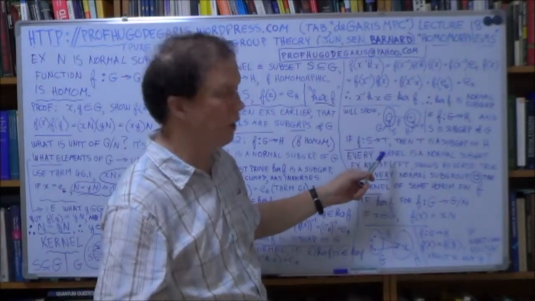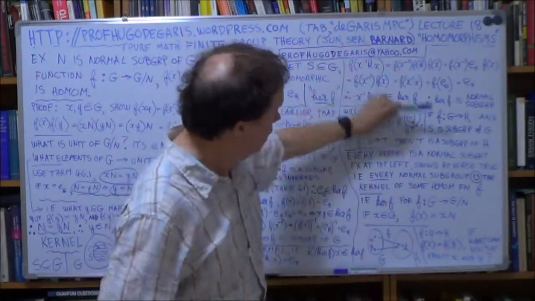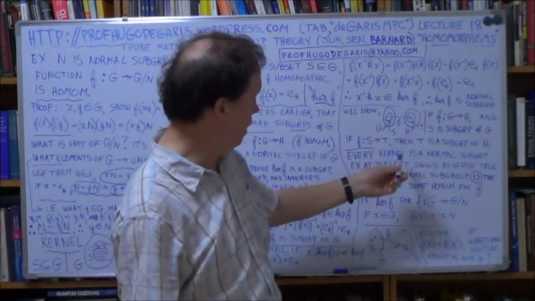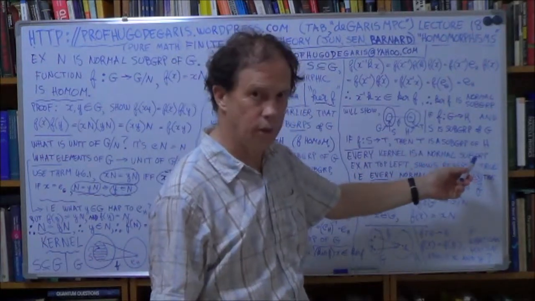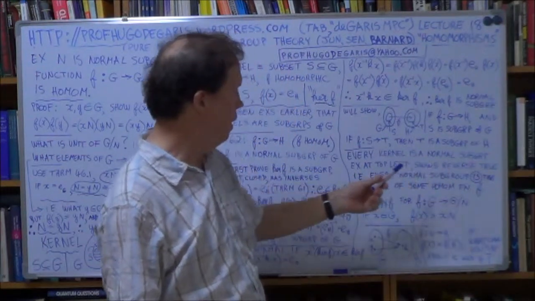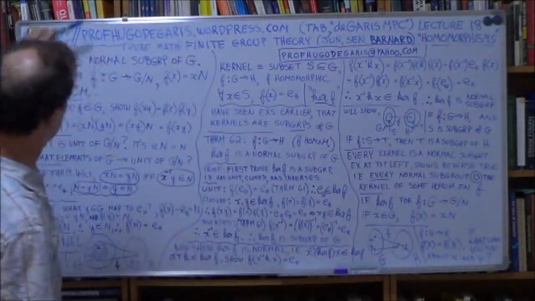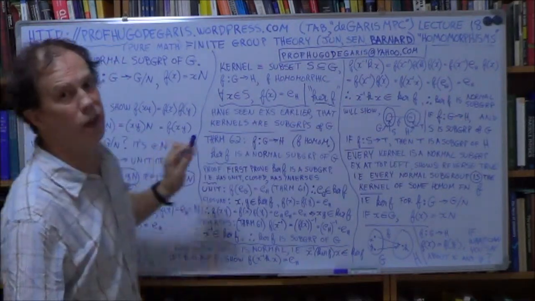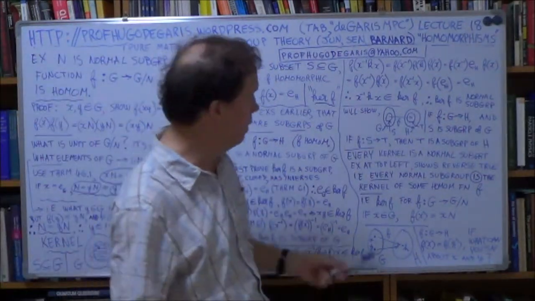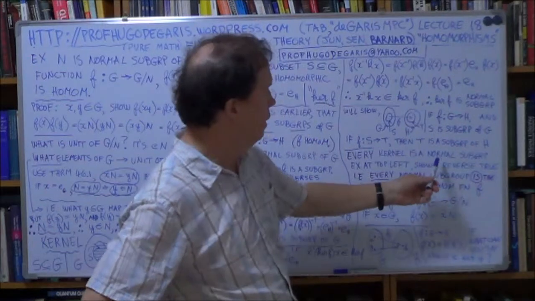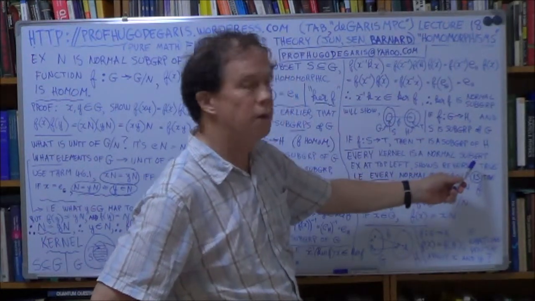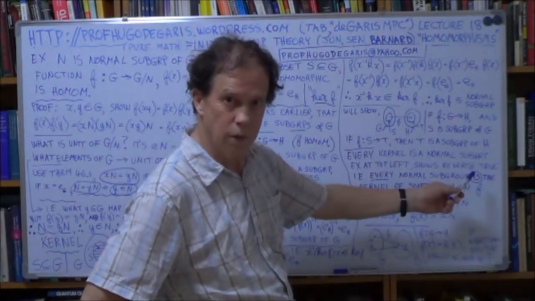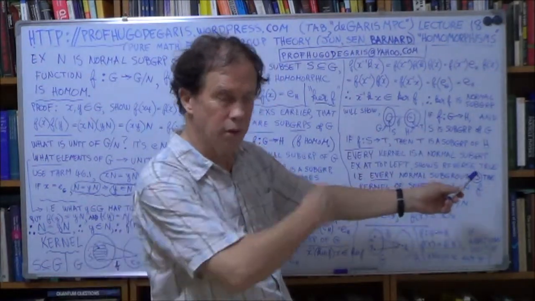Okay, you want me to say that again? Here, we showed that a kernel is a normal subgroup. And this example is showing the opposite: that a normal subgroup can be a kernel. Going the other way.